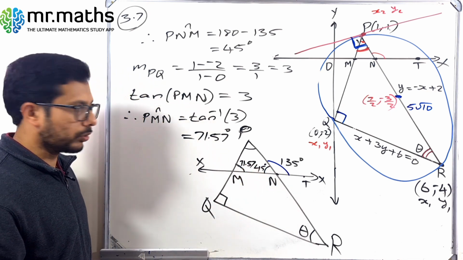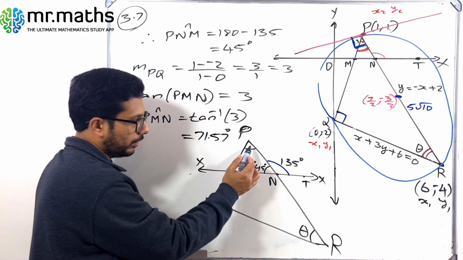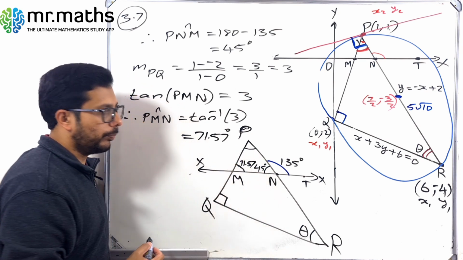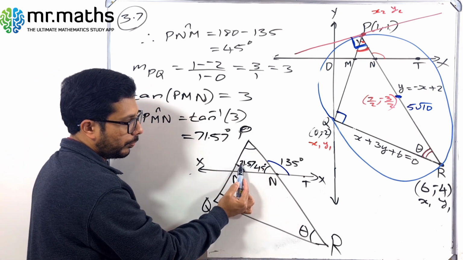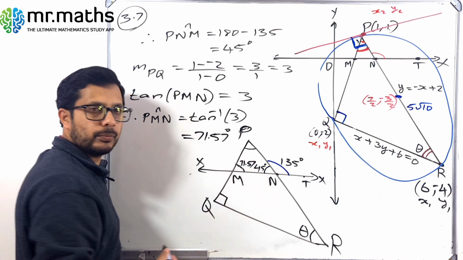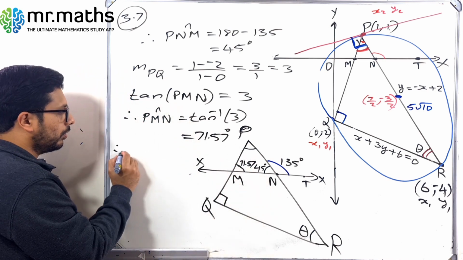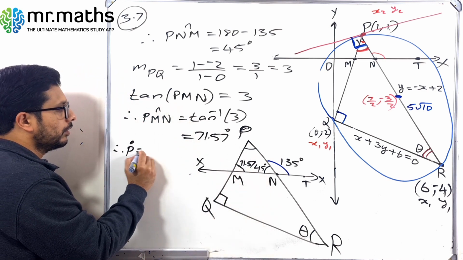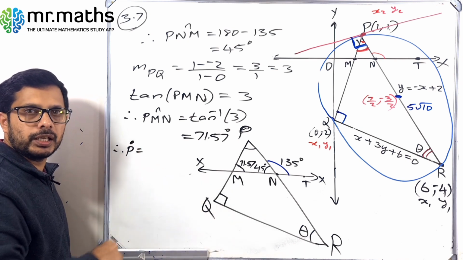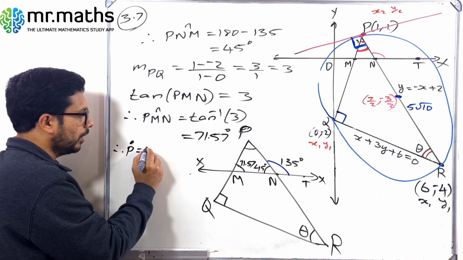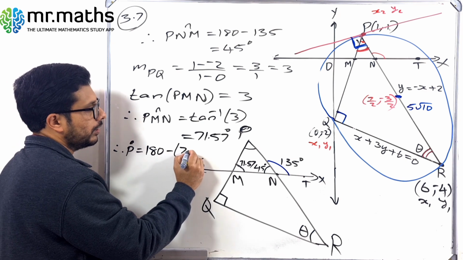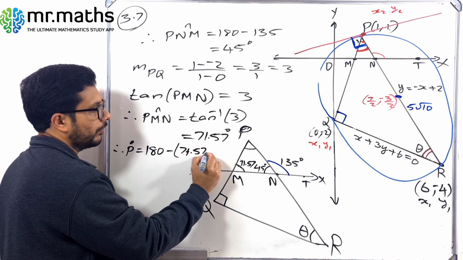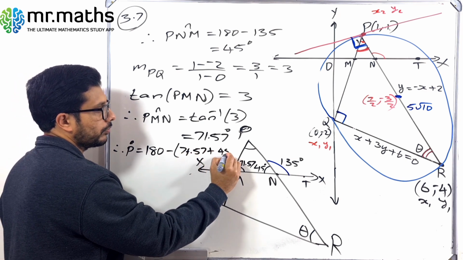You understand? So now in that triangle, how can I find angle P? Look at this triangle. This is 71.57, this is 45. Therefore, angle P is equal to, you know, the sum of the angles in a triangle is 180. So 180 minus 71.57 plus 45.